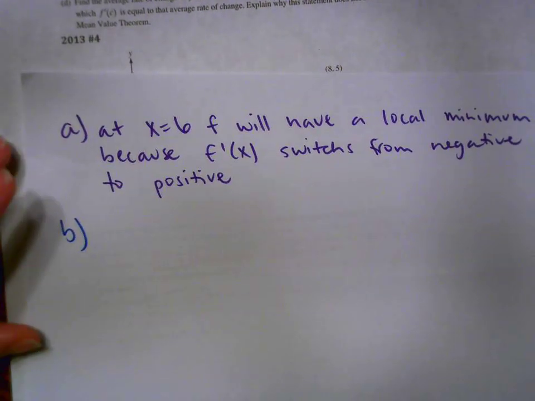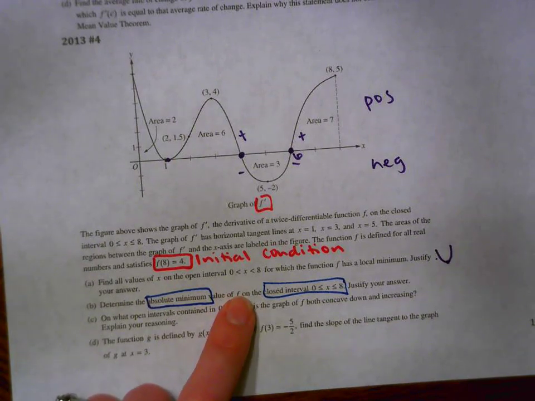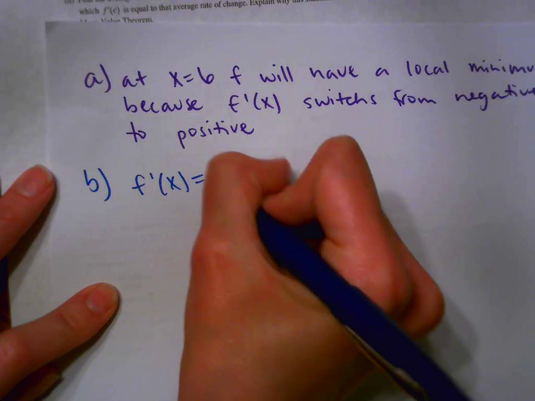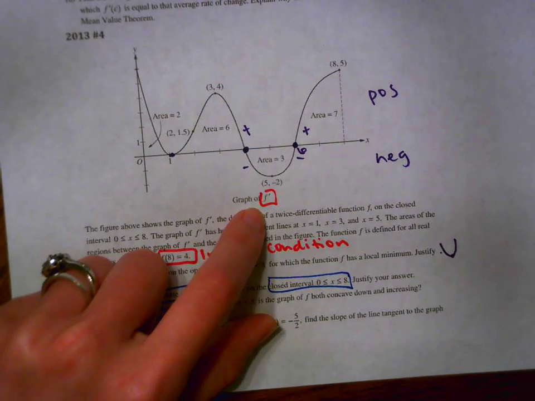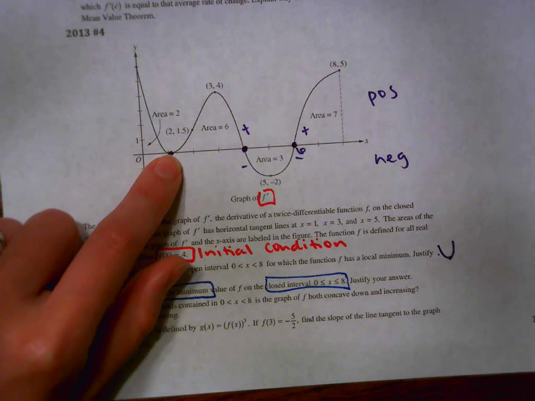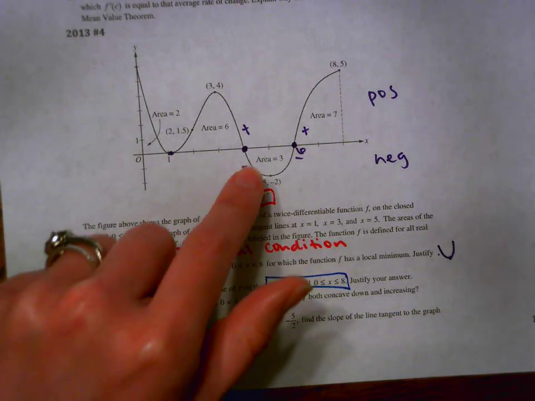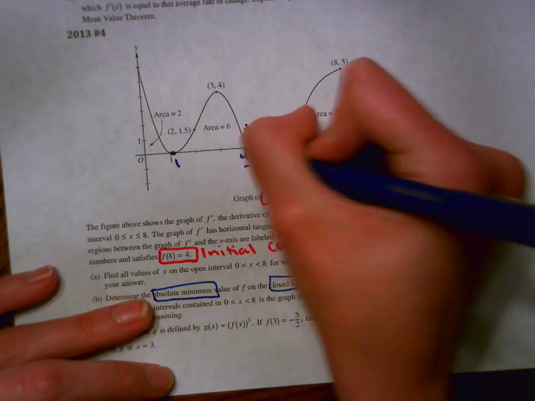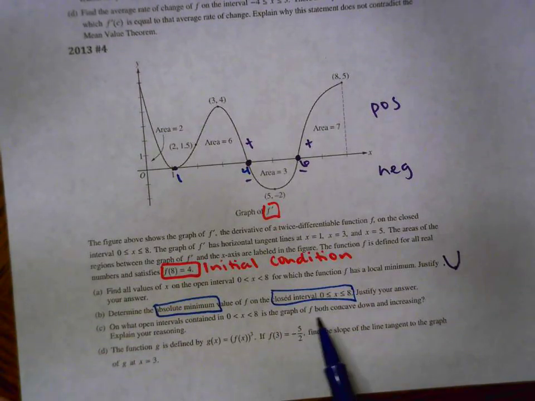We're talking about f, so we need to know when f prime of x equals 0, which is what we have here. So when is f prime equal to 0? At 1, 4, and 6. That's a lot of critical values, plus your endpoints 0 and 8. You could do all that and you would get the right answer.